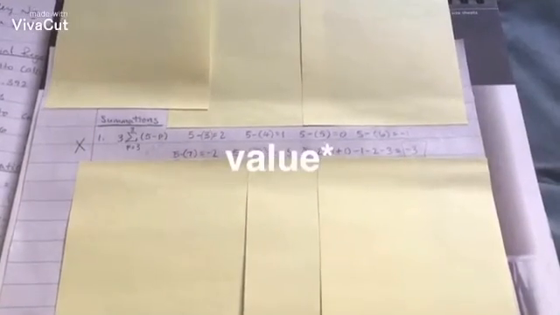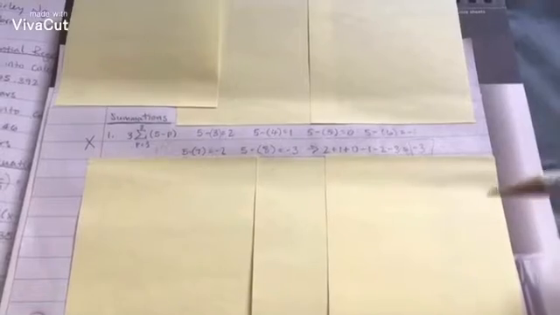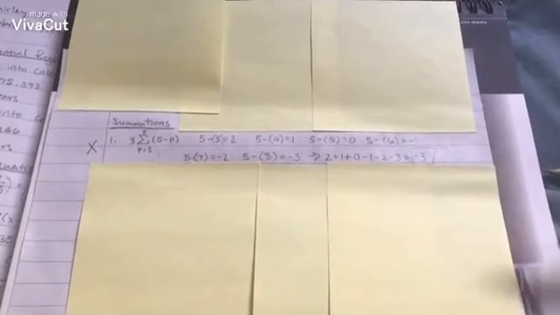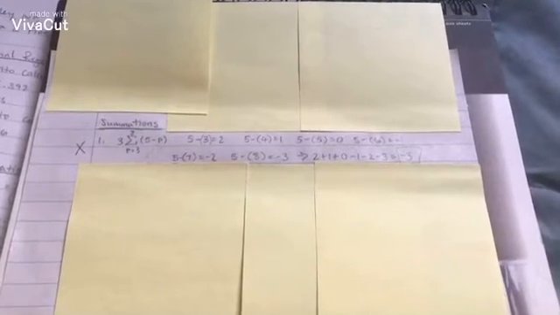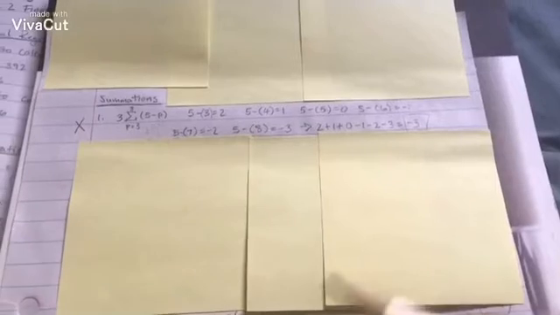So 5 minus the next number value, which would be 5. So 5 minus 5 is 0, and then for the 4th sum, same thing. 5 minus 6 equals -1. And then for sum 5, same thing. 5 minus 7 equals -2. And then 5 minus 8 equals -3.